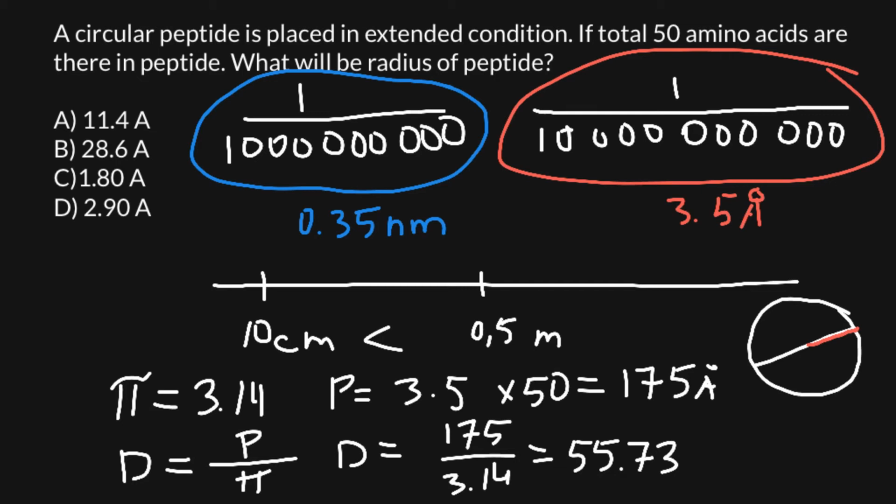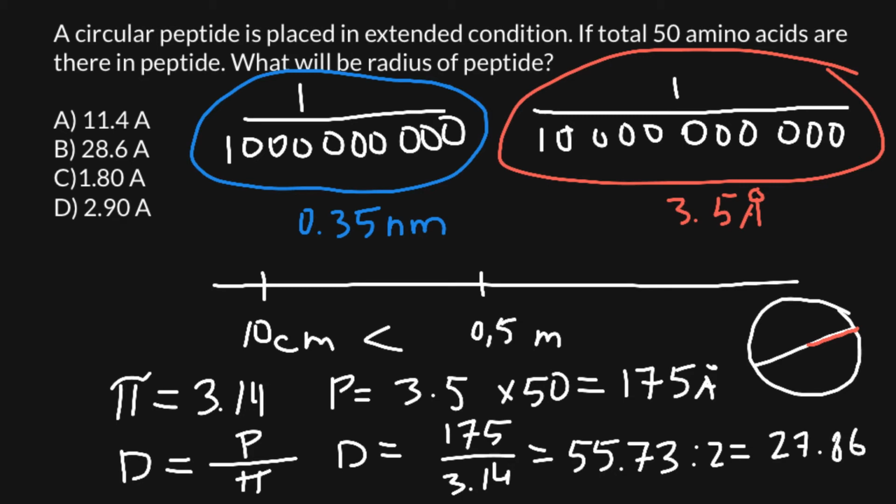And the answer would be 27.86. Now we can choose an answer. As you see, we don't have the exact answer, but answer B is very close to the number we have found. Probably the person who prepared this test made a rounding mistake.